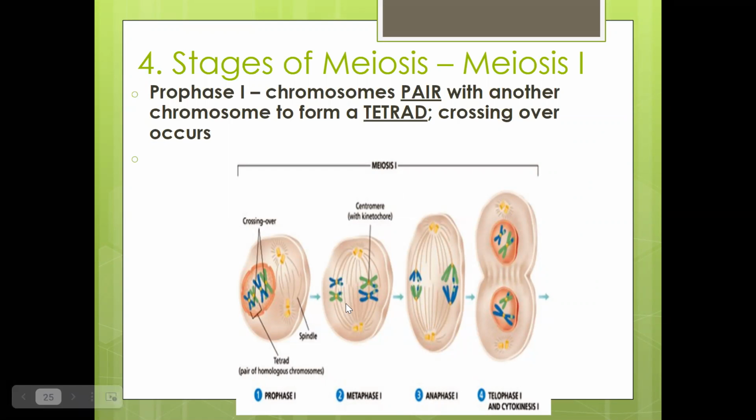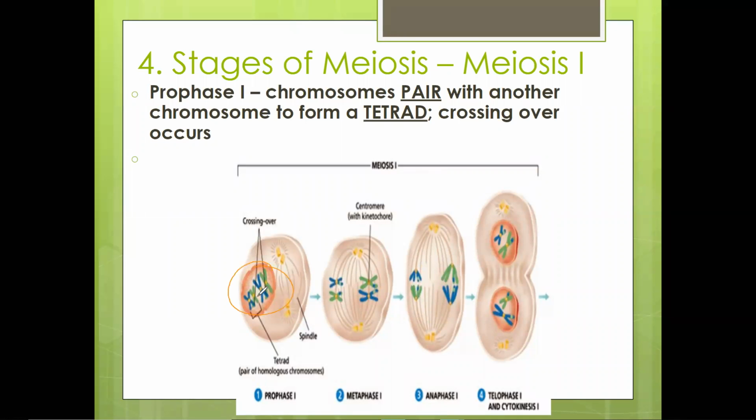So you can see down here in the diagram, these are your tetrad for, let's say, chromosome 1, and this would be your tetrad for, let's say, chromosome 2. And the blue one is going to represent 1A and 2A, and then the green one would represent 2B and 1B. All right.